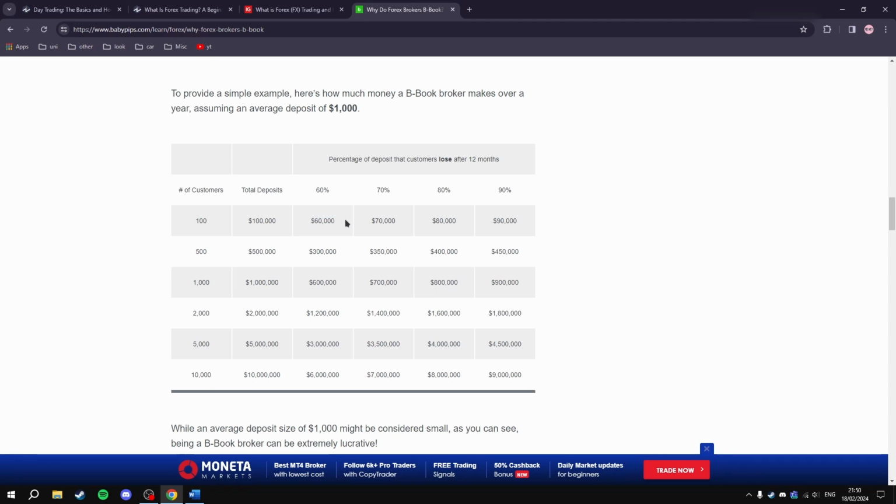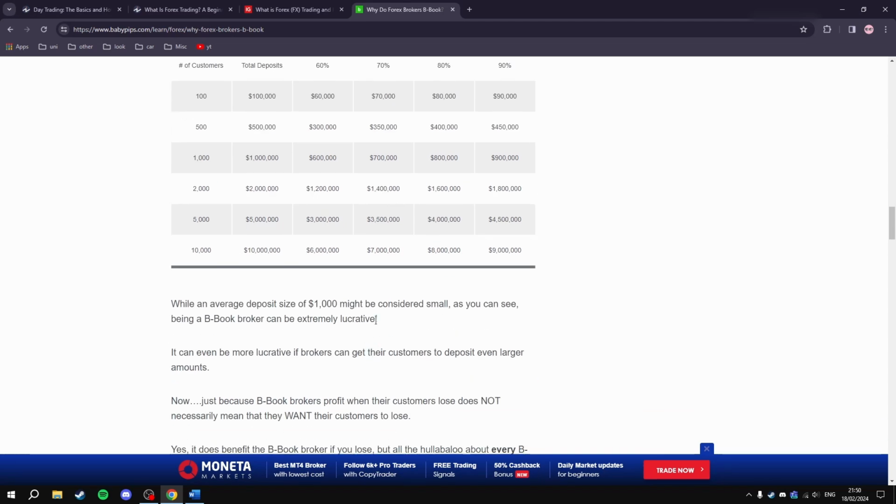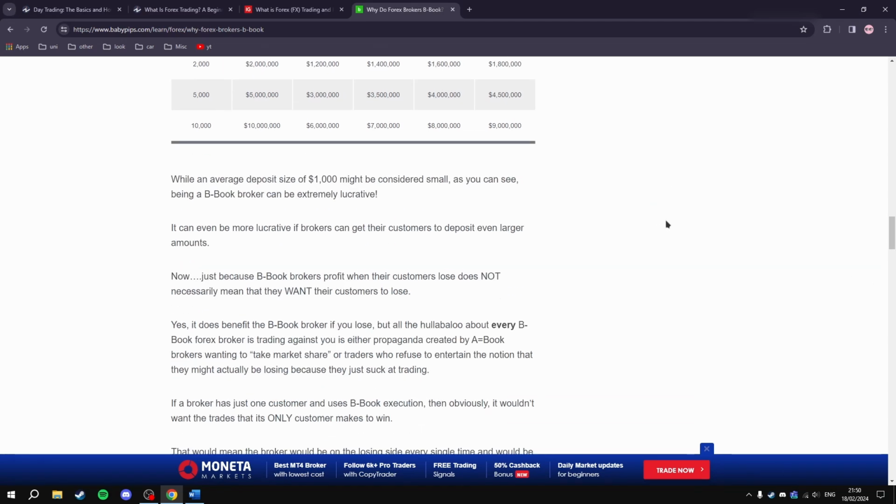So 6,000. Whilst an average deposit size of 1,000 might be considered small, as you can see, being a B-book broker can be extremely lucrative. It can even be more lucrative if the broker gets their customers to deposit even larger amounts.